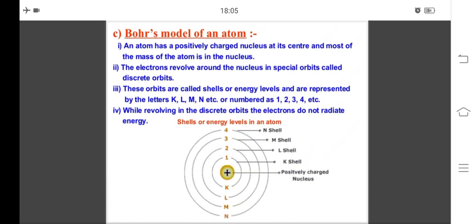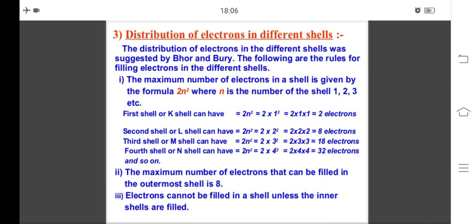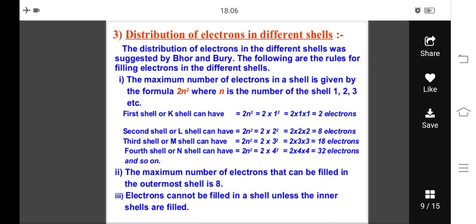According to Bohr, there exist discrete energy levels around the nucleus of an atom in which electrons move. We have also done that the distribution of electrons in these energy levels is in accordance with the formula 2n square, and how the maximum number of electrons that can be filled in the outermost shell is 8.